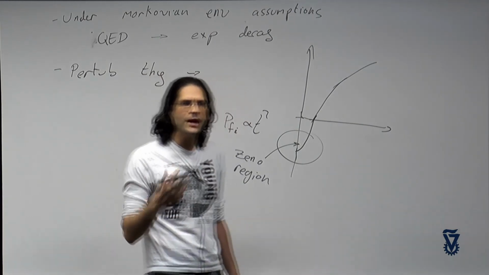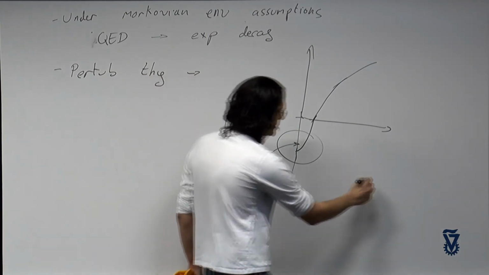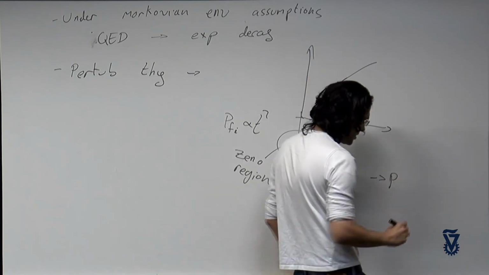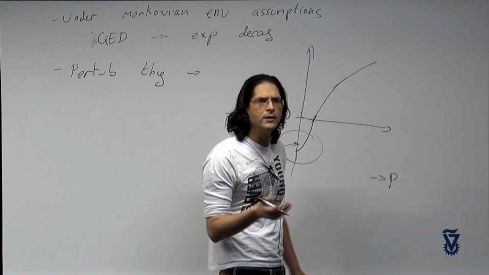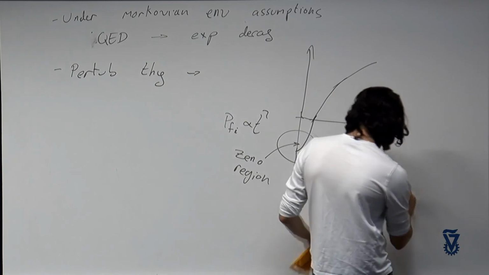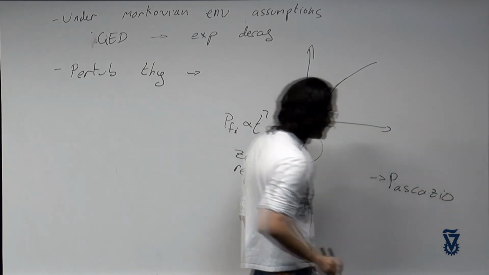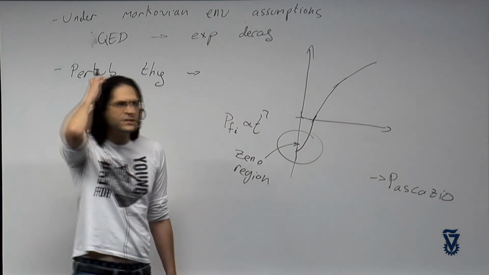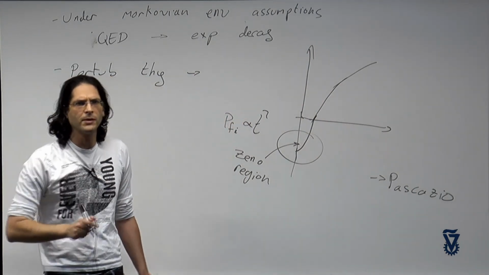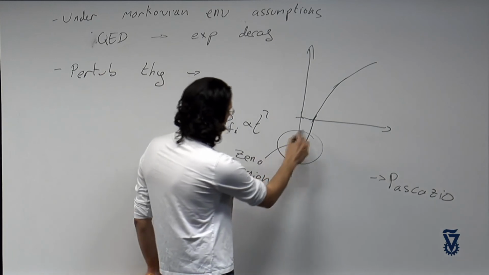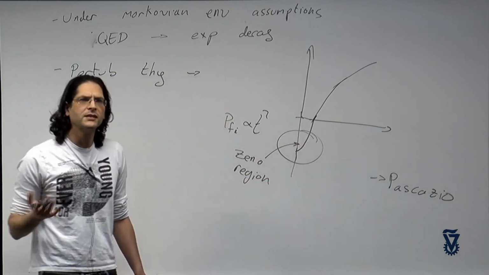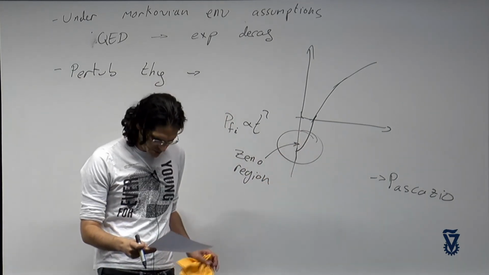And you can actually show this, and for those interested, there are many very pedagogical papers by Pascasio. So you can look this up. It's called the quantum Zeno effect, and it has some nice, interesting physics for those who are interested.